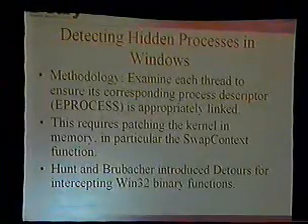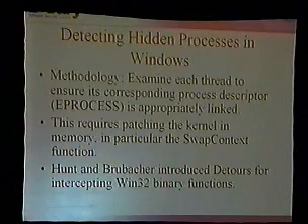So if you want to detect a hidden process that was using the DCOM method, what you could do is modify the swap context function that's in the kernel. I'm not sure if it's exported, I doubt it, but you can find it and modify it. It's responsible for swapping one thread out in favor of another thread that's then to be executed.